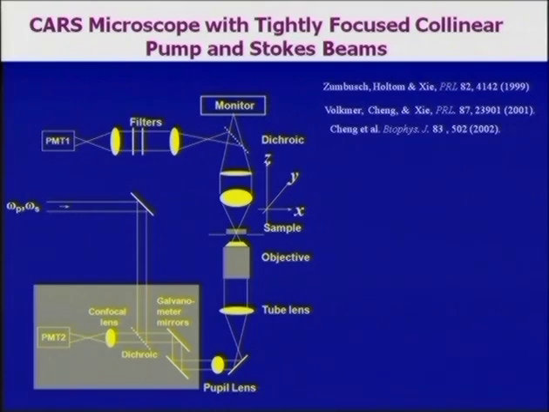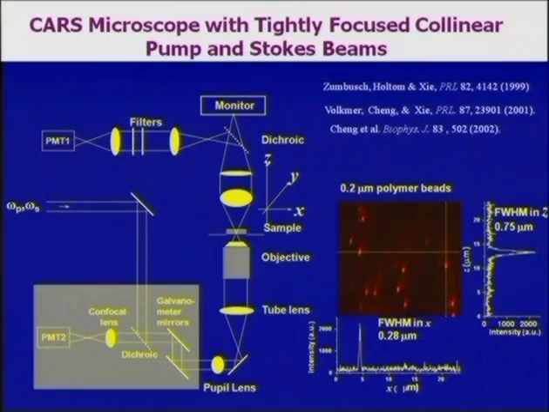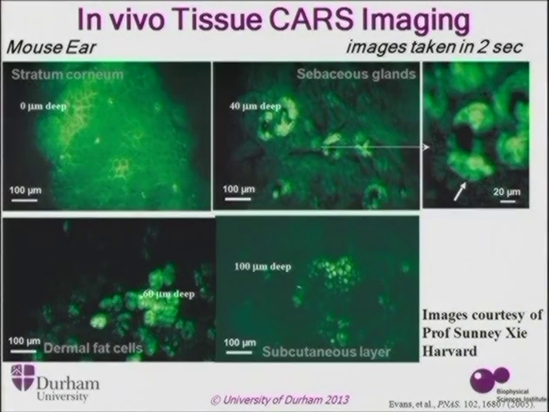We put the laser in, we beam scan across the sample and collect the light in the forward or backward direction. You can look at some beads, measure the resolution, and then take images. The contrast mechanism, the thing we're looking at, is the vibrational modes that are present. These are all taken in 2 seconds.